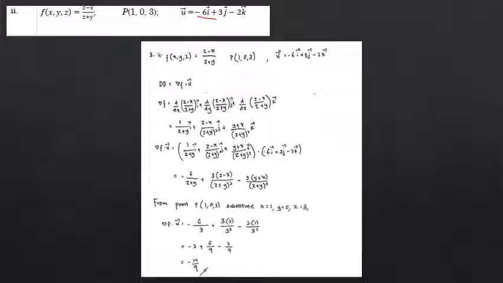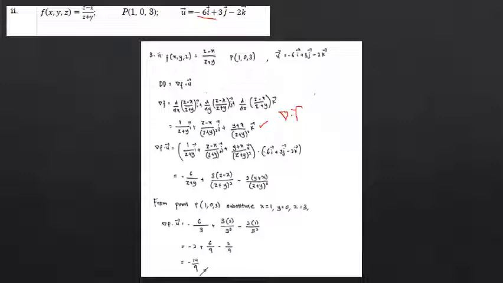So the same step here, by doing the operator dot product with f. Hence I will find this new equation here: 1 over (z plus y) i plus (z minus x) over (z plus y) squared j plus (y plus x) over (z plus y) squared k.